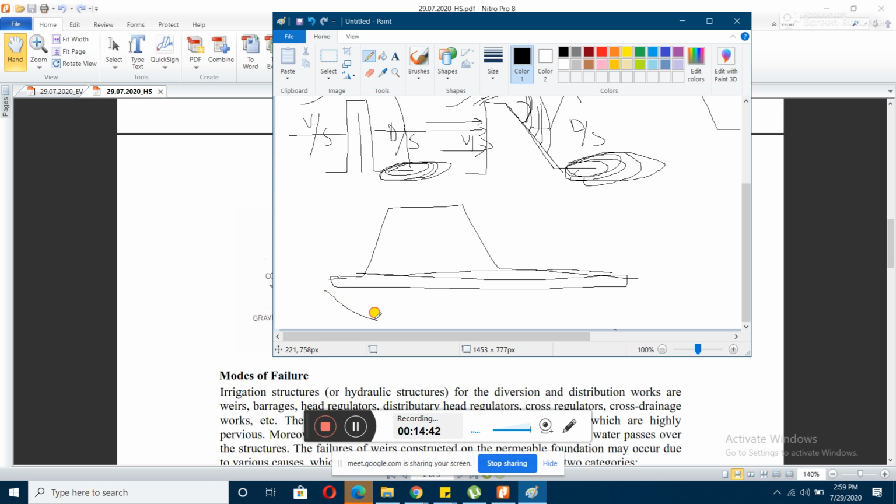There is a tendency of water to percolate from this point to this point, so in order to avoid this, the floor has been set up. That floor has to be impervious so that water cannot flow from this juncture to this juncture.